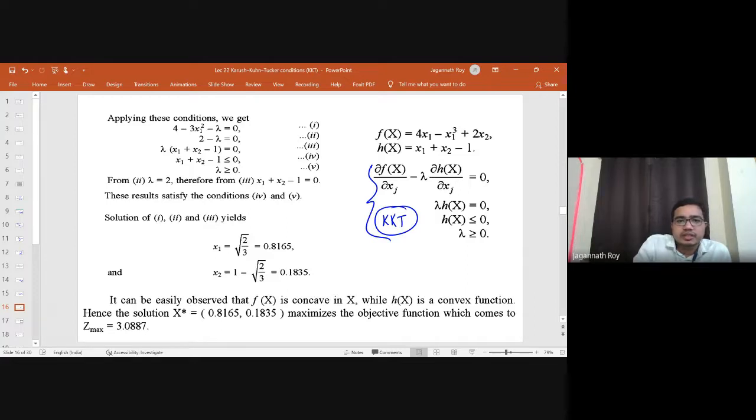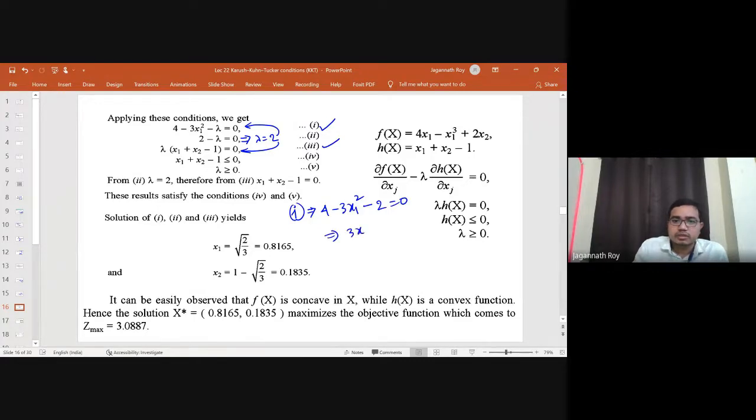So we can see that this implies lambda equals to 2. If you substitute here, equations 1 and 3 will be transformed into some other equations. Directly we can find 4 minus 3x1 square minus 2 equals to 0.